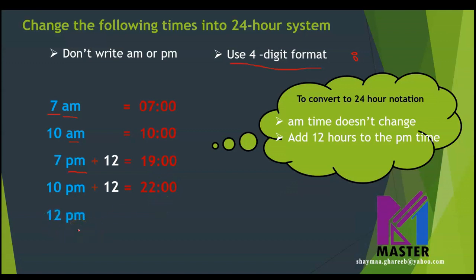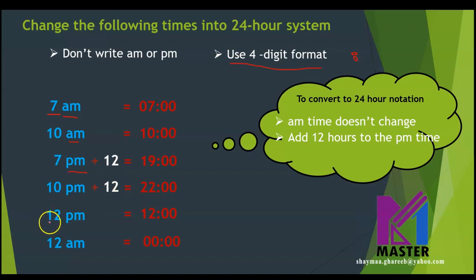12 p.m. What do you remember about the 12 p.m.? The 12 p.m. is the beginning of the p.m., which is 12 noon. So it will be 12:00. What about 12 a.m.? 12 a.m. is the same as 12 midnight, the beginning of the day. So the beginning of the day is 00:00.